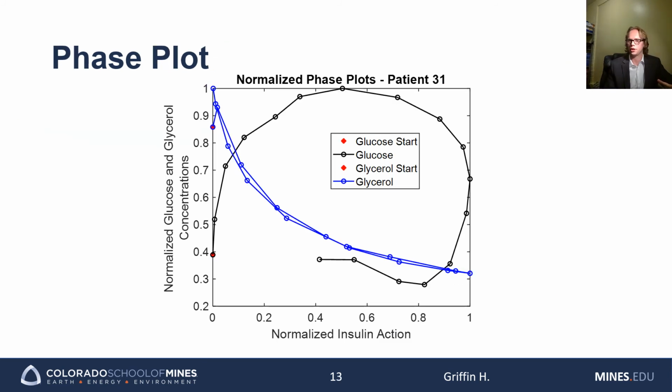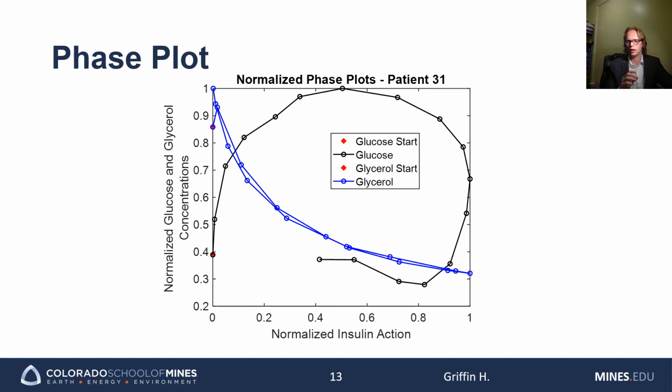We weren't just interested in measures, but also in how the metabolite and the insulin action were changing relative to each other. To do this, we used phase plots. And in a phase plot, we have our insulin action normalized on the abscissa and our normalized metabolite on the ordinate.